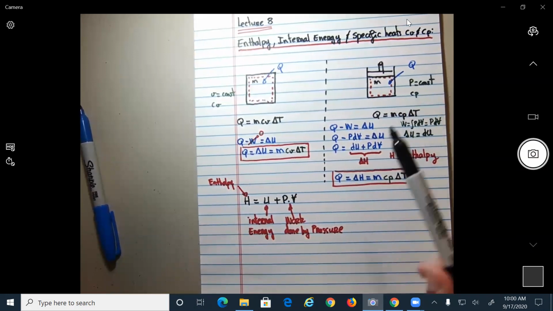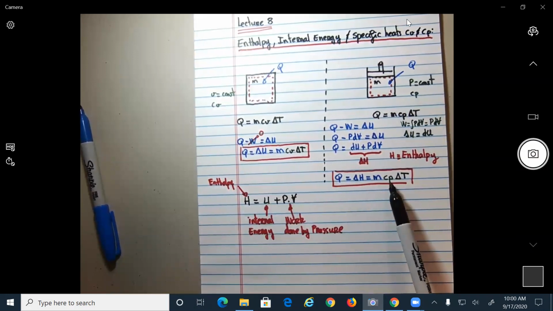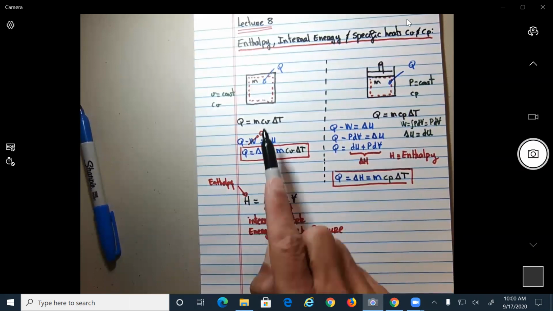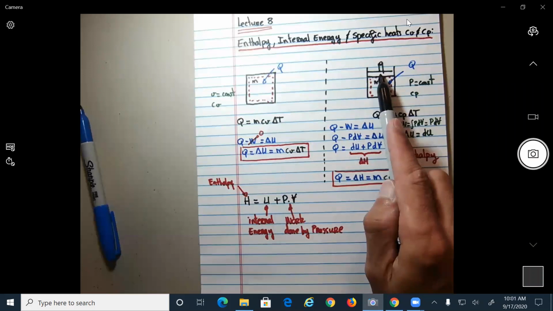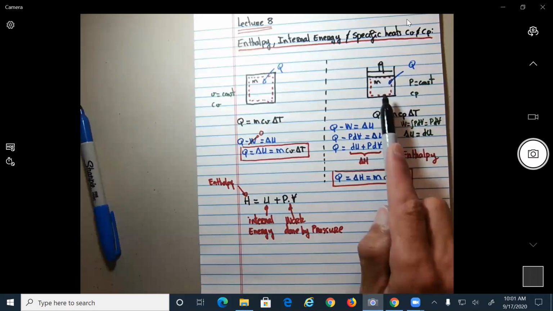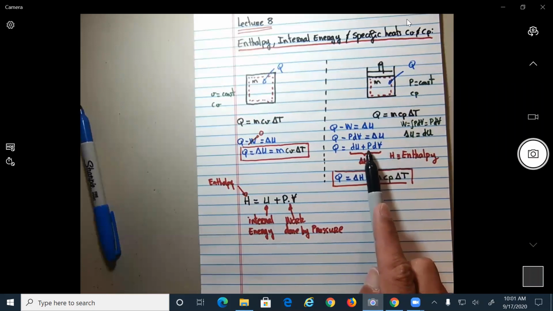In that case, the Q or the delta H would be equal to what? m C_p delta T. And the important part is here. You see what is the difference? In here, because it's fixed, there is no work done by this moving part, which is the piston. In this case, because this is moving, you need to add this term over here.